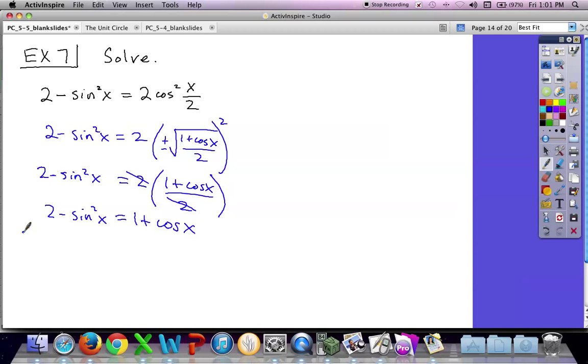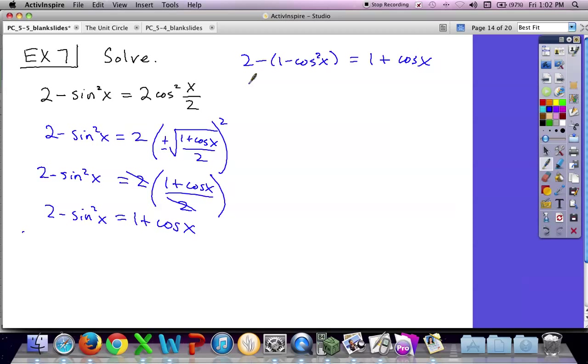We have the same angle, but we don't have the same trig function. How can I substitute to make the same trig function? Which will I substitute for? The sine squared or the cosine to the first? The sine squared, right? We don't have any substitutions for the first power. So sine squared is 1 minus cosine squared. I'm going to bring it up here. 2 minus 1 minus cosine squared x equals 1 plus the cosine of x.